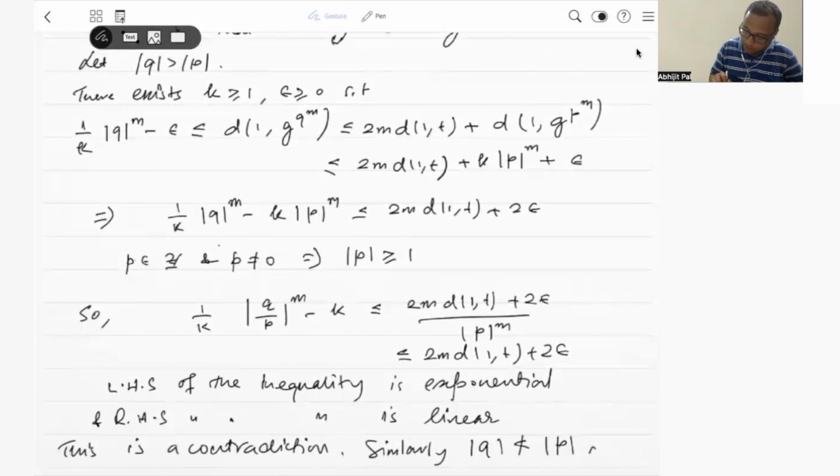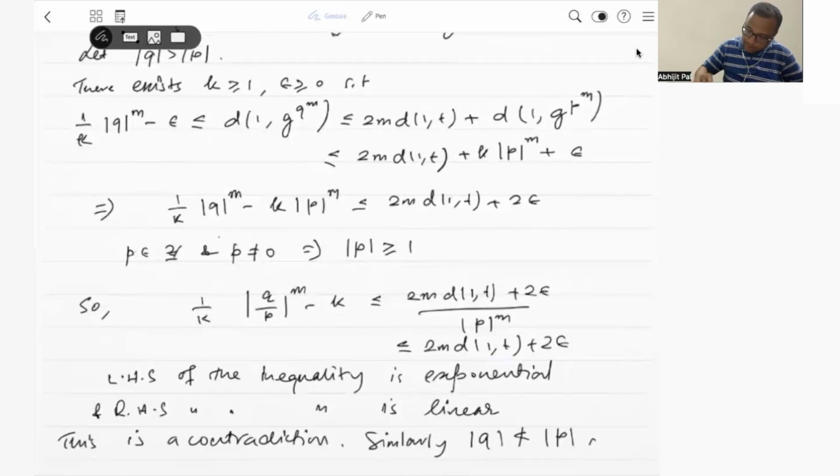So this will imply that |p| is greater than or equal to 1. Now from here, (1/k)|q/p|^m minus k is less than or equal to 2m times the distance from 1 to t plus 2 epsilon, because |p| is greater than or equal to 1.